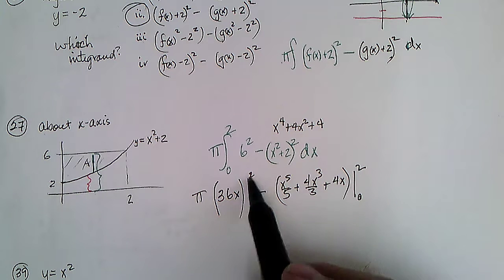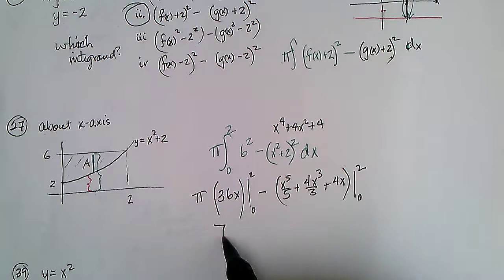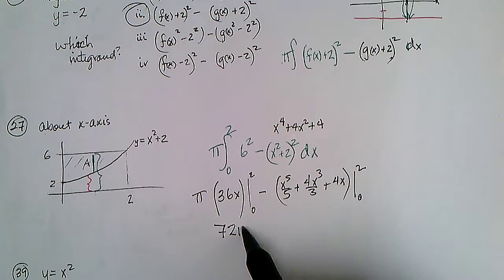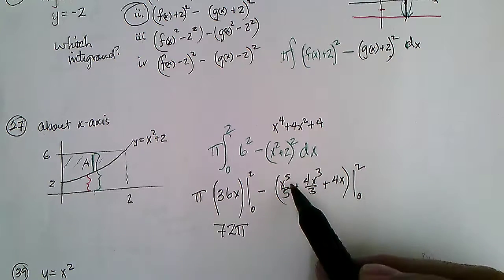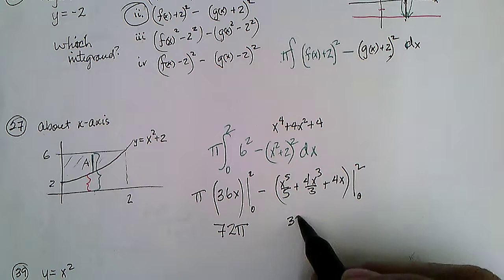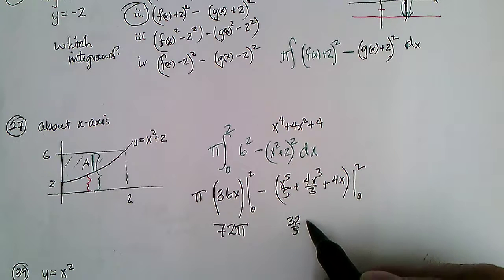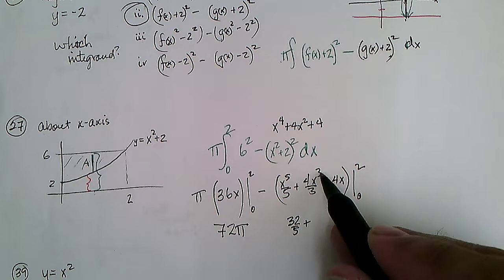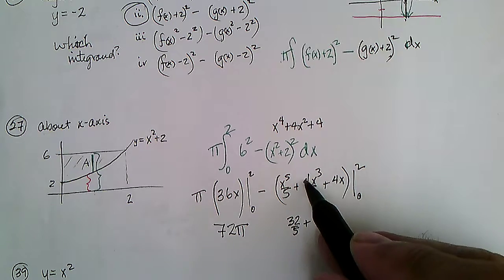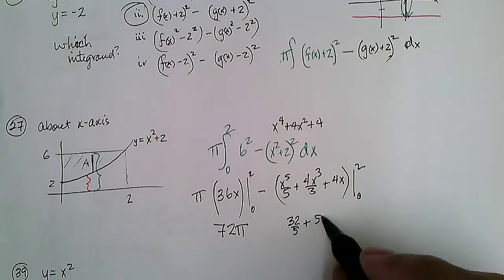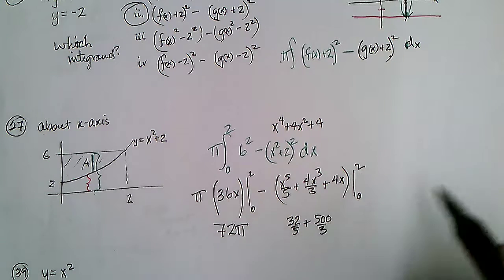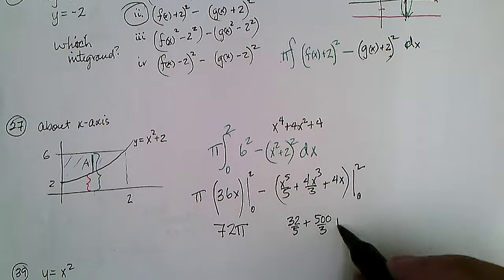And so 2 in here is 72 pi minus 0. This would be 32/5 plus 125 times 4 is 500 thirds plus 8.